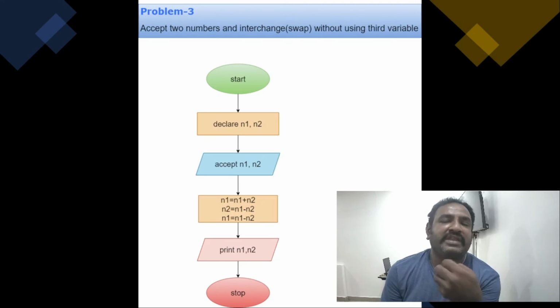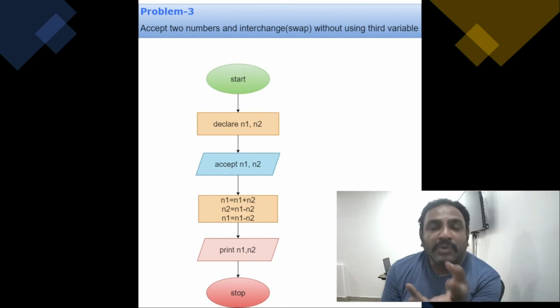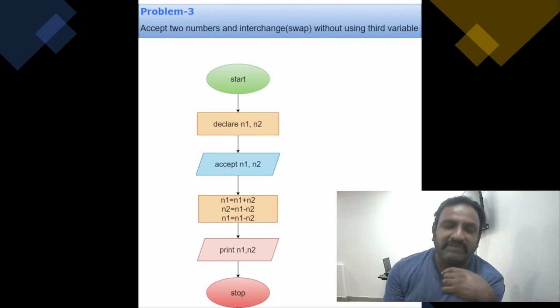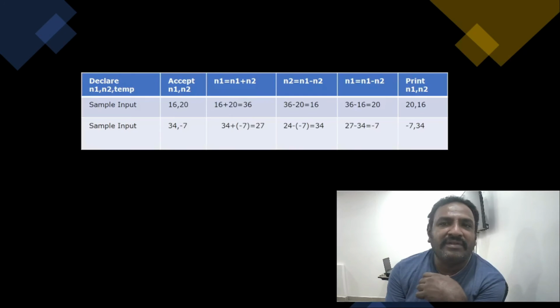And print the n1 and n2 values. So instead of taking random calculations, you can do it with proper calculations. If you take the values in the air, there is some confusion. So the same thing I will explain with the help of a technique called a dry run.